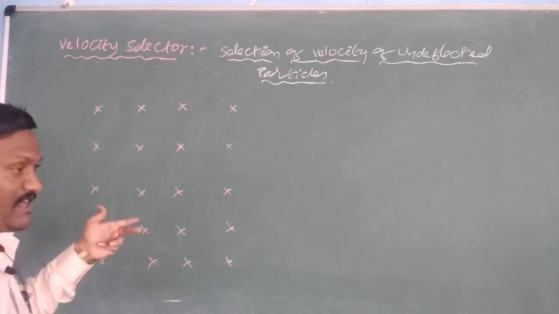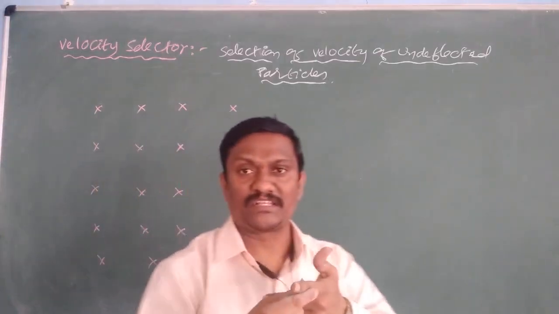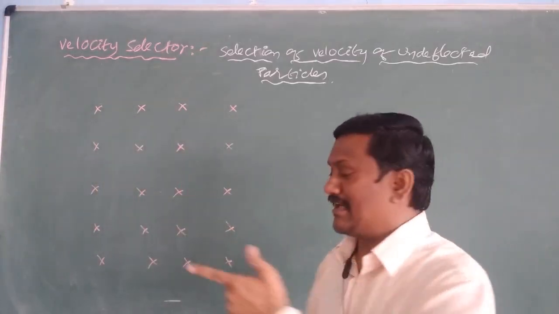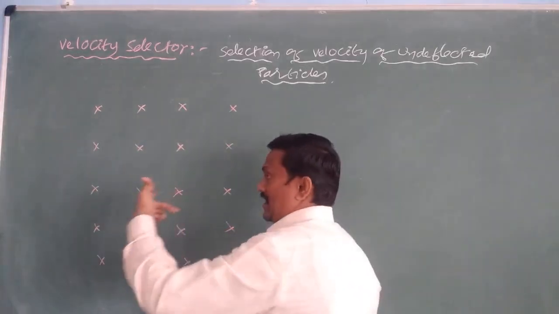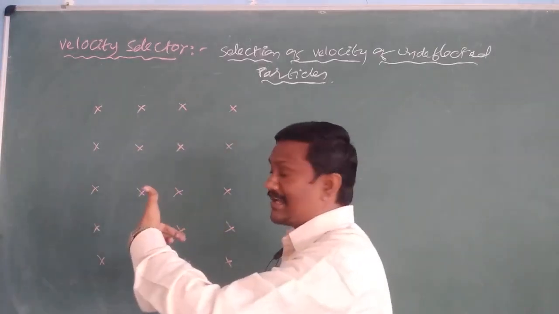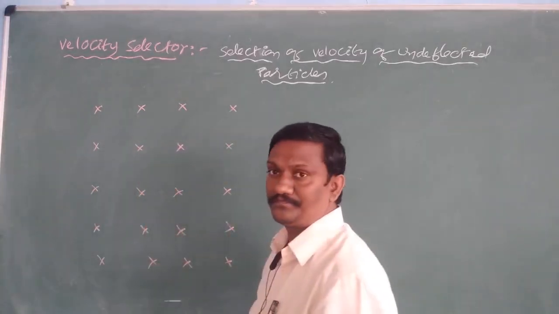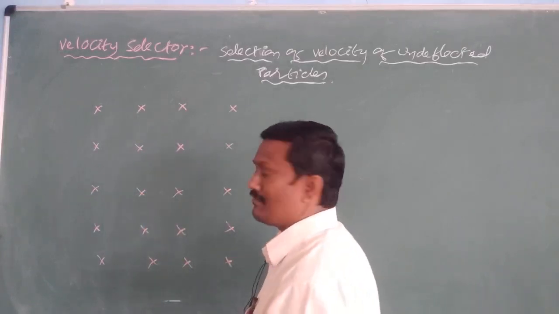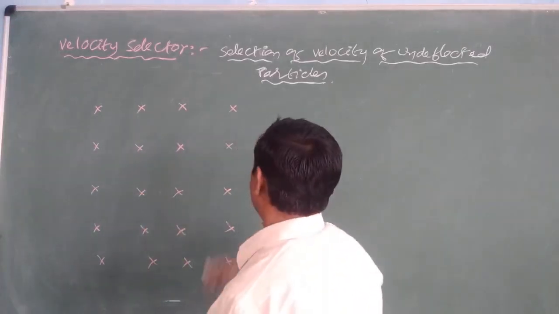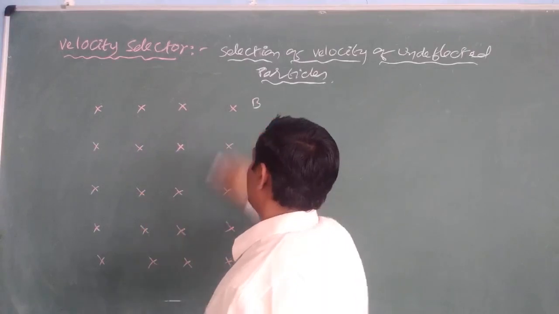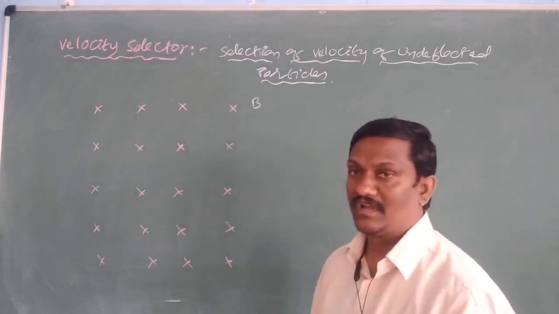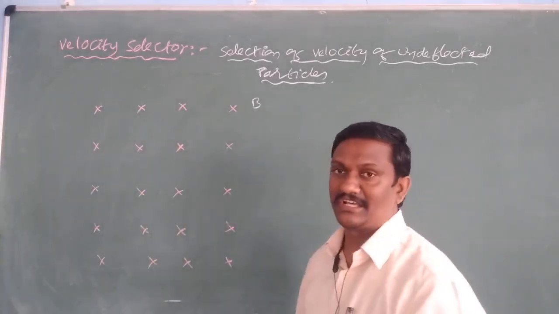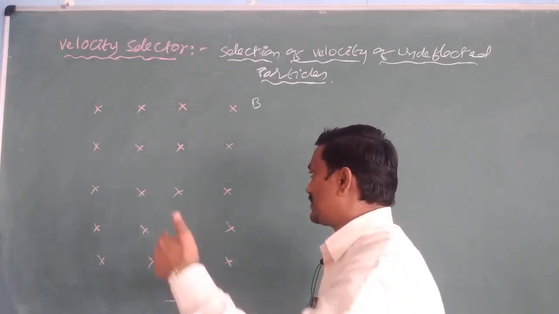According to Fleming's left hand rule, the forefinger represents the direction of the magnetic field. Here the direction is into the plane. So assume it is a uniform magnetic field. At every point, the strength of the magnetic field is B, and the direction of the magnetic field is into the plane.